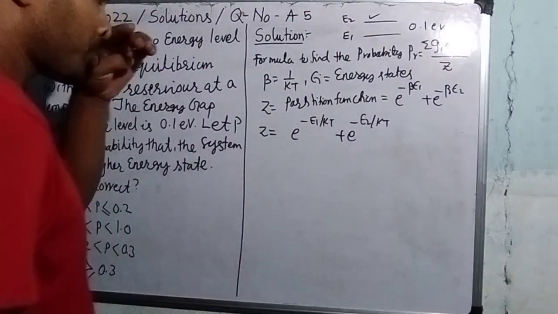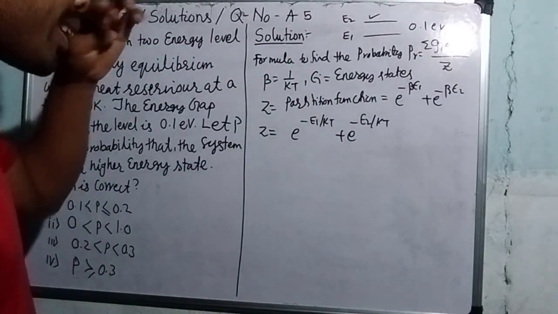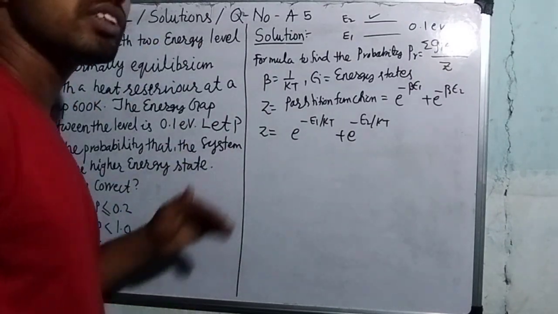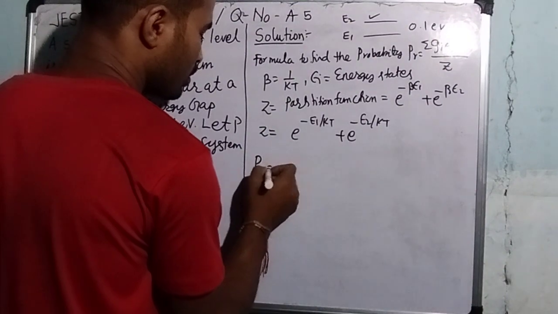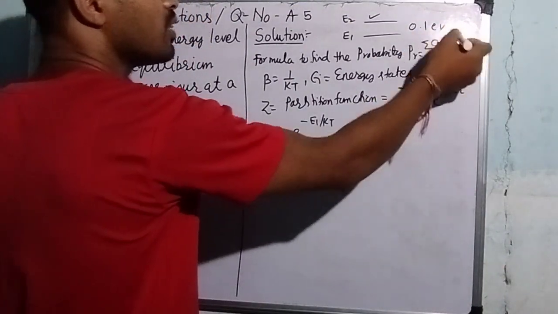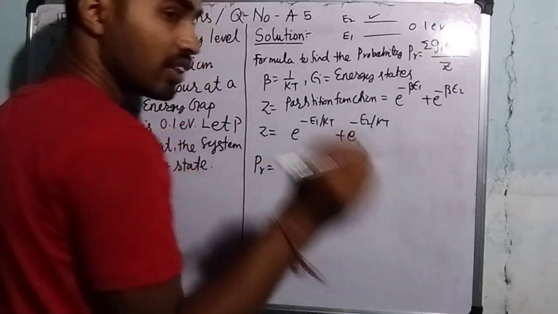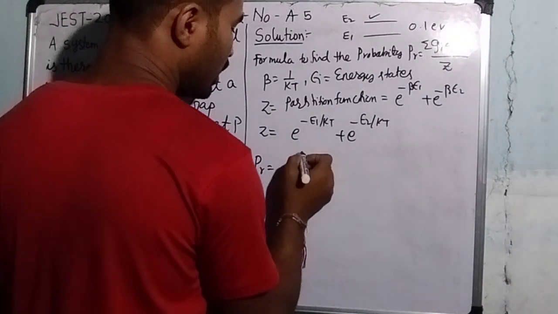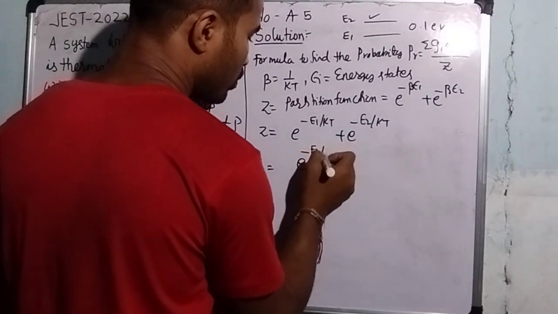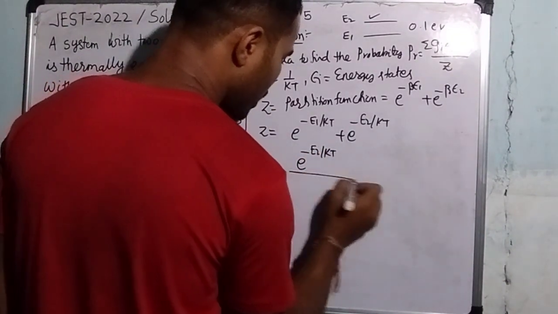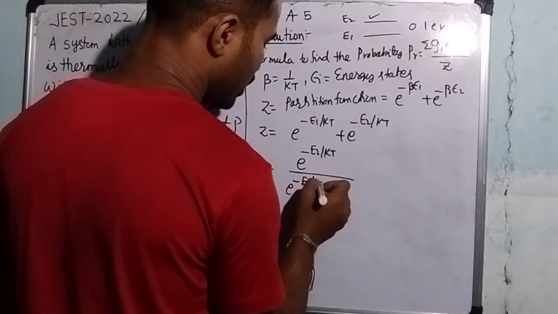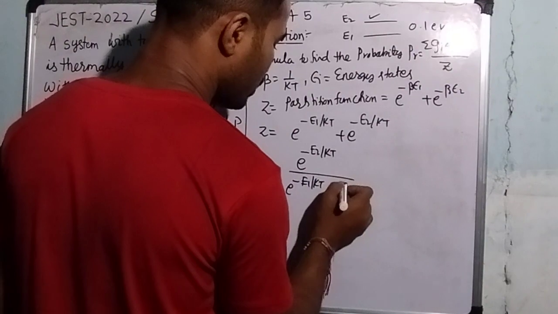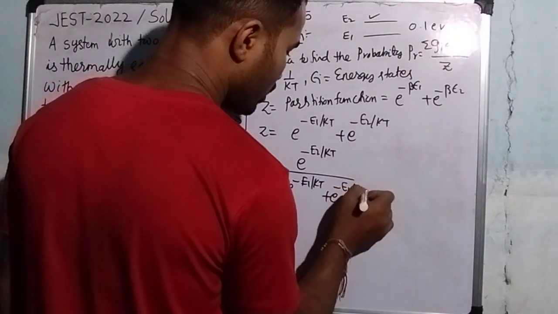Now we have to find the probability that the system is in the higher energy state. We can write the probability in the higher energy state as e to the minus E2 by kT divided by e to the power minus E1 by kT plus e to the minus E2 by kT.